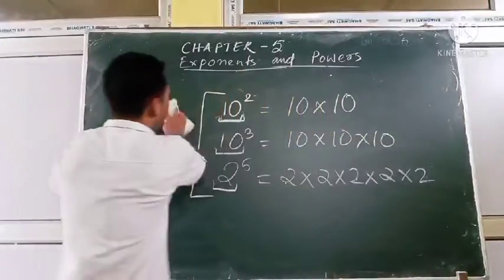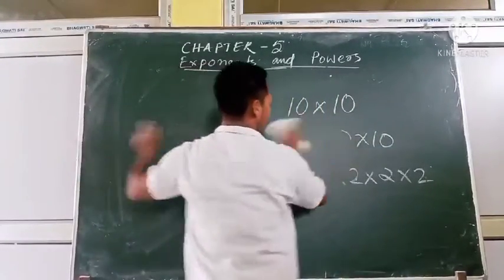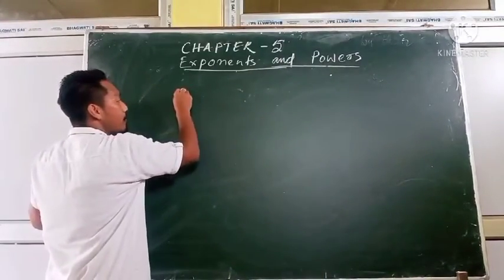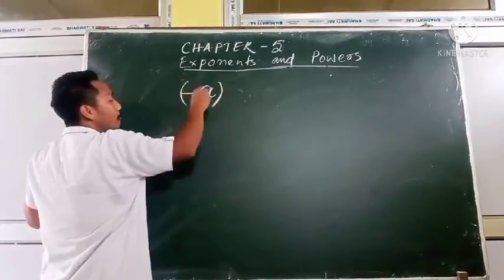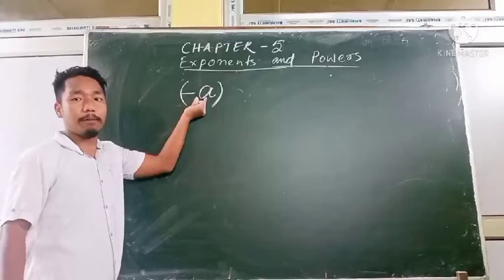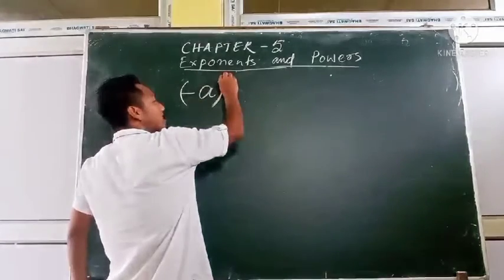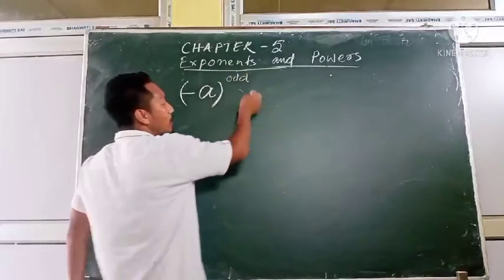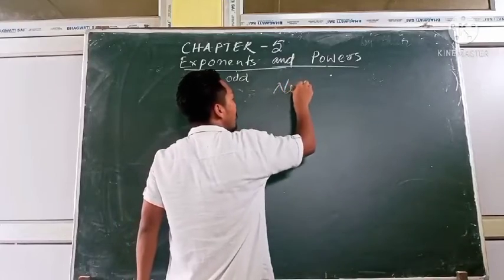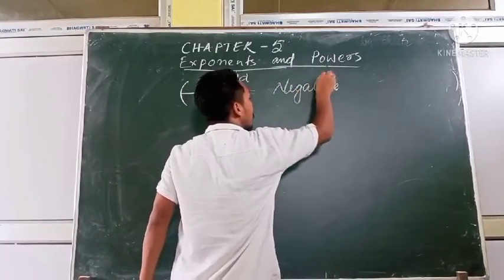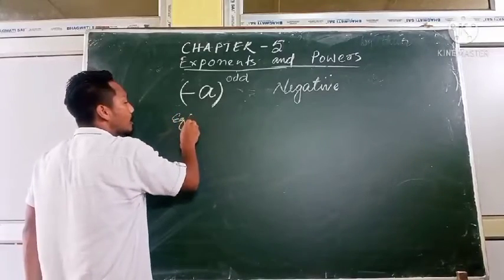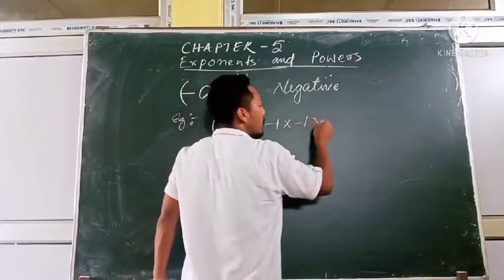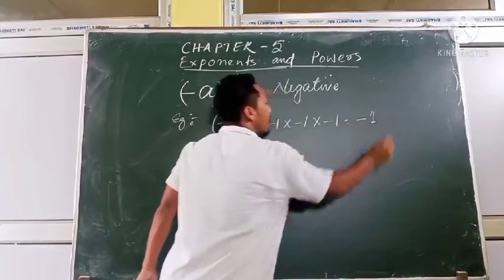Now another thing that you have to remember is, if we have a negative number a as the base, and the power or exponent is an odd number, then your answer will always be negative. Example: minus 1 to the power 3 means minus 1 into minus 1 into minus 1, so your answer will be minus 1.